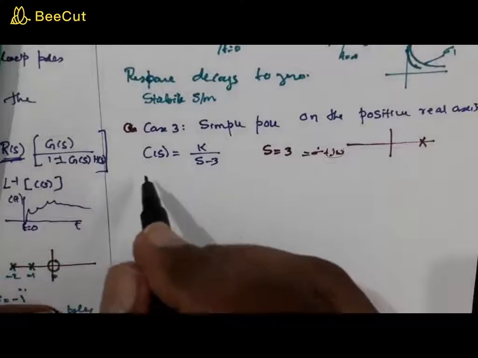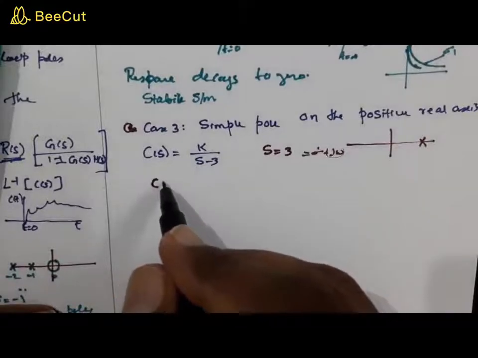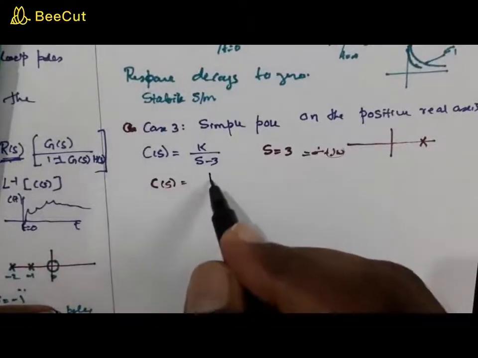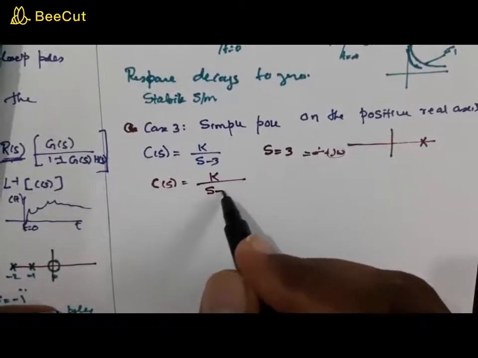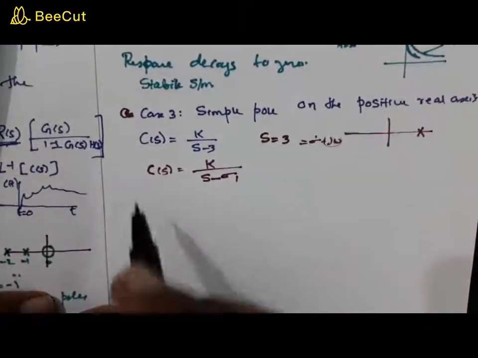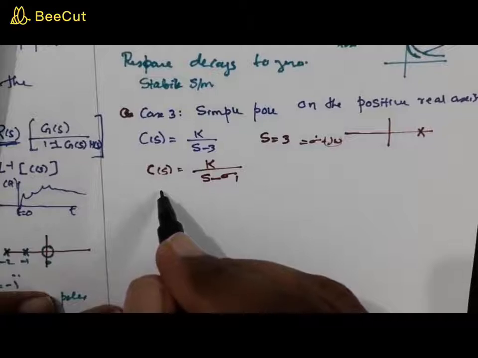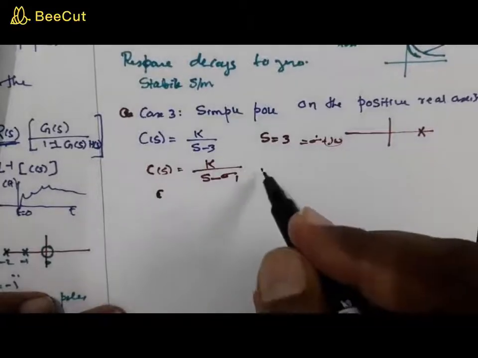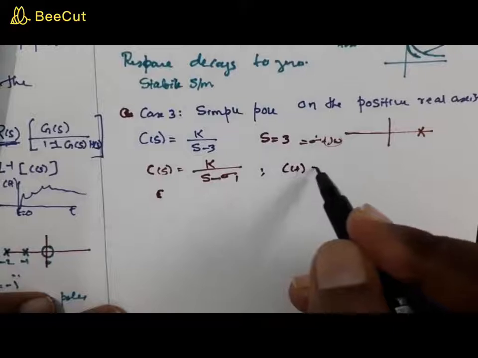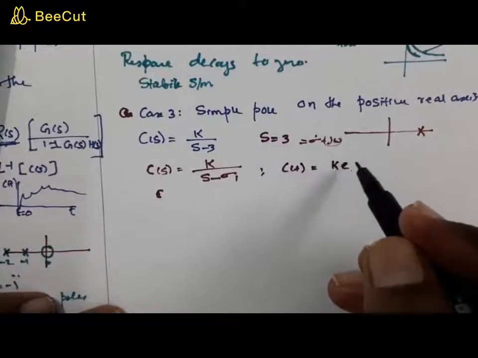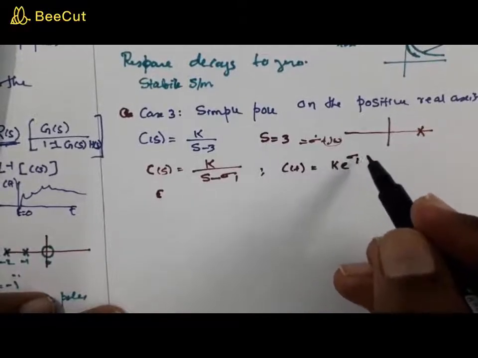Now we are going to find out the impact of this. Consider C of s given by k by s minus sigma 1. When you find the inverse, C of t becomes k into e raised to sigma 1 into t.